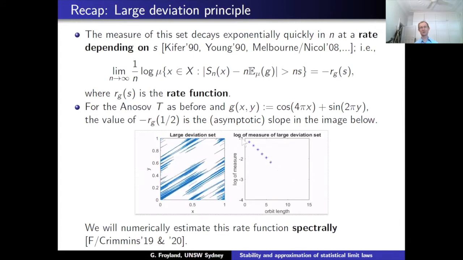But if you plot the log of the measure of this set versus orbit length, you get a straight line slope, and this straight line slope is the value of the rate function evaluated at 1/2. If I repeated the experiment with something else instead of a half, like a quarter, I'd get a different slope here. So we're going to numerically estimate this rate function spectrally.